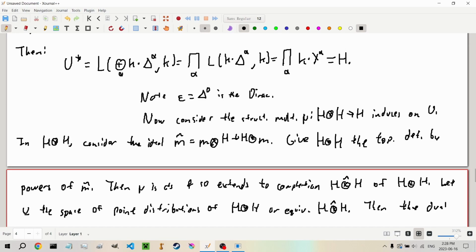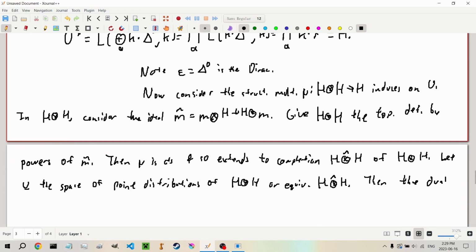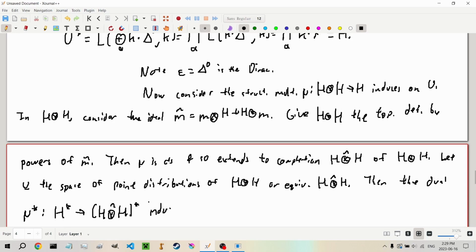Then the dual map mu star from H star to H hat tensor H star induces by restriction a diagonal map, which we're going to write as delta from U to this U underline.